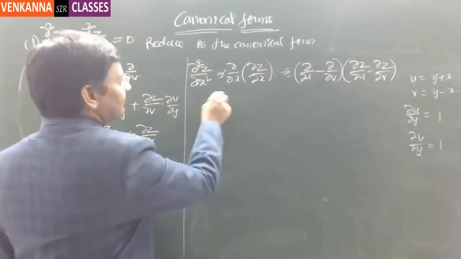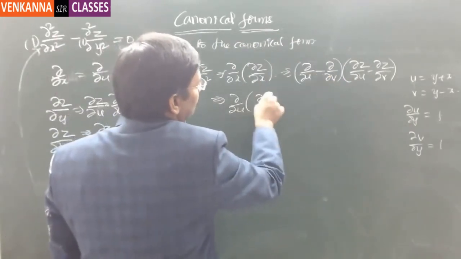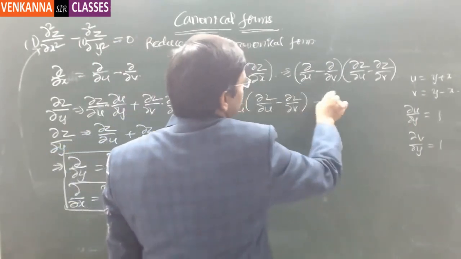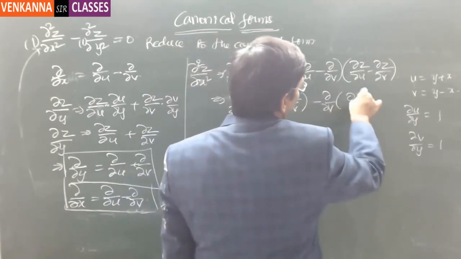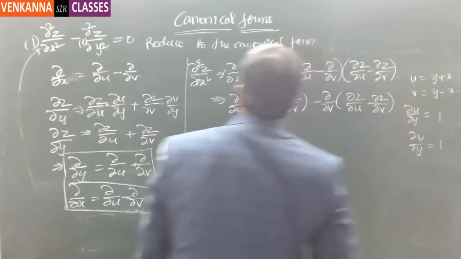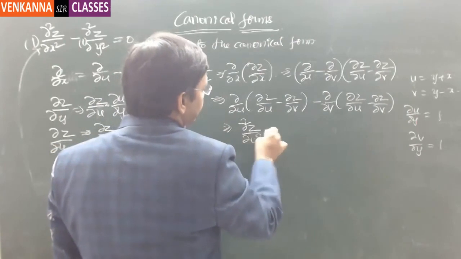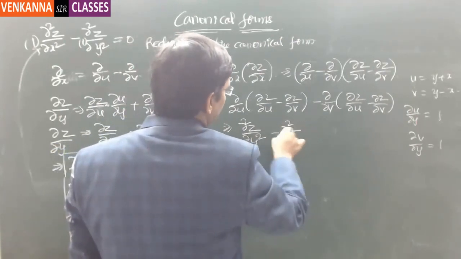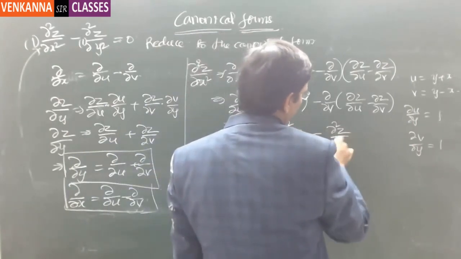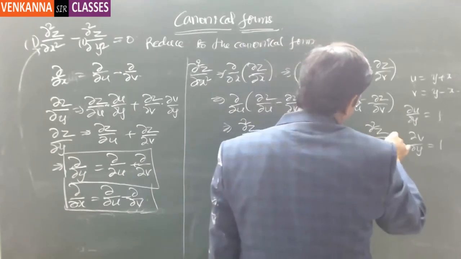So if you further simplify this equation, ∂/∂u operating on ∂z/∂u − ∂z/∂v, minus ∂/∂v operating on ∂z/∂u − ∂z/∂v. This you can further simplify as ∂²z/∂u² − ∂²z/∂u∂v − ∂²z/∂u∂v + ∂²z/∂v².